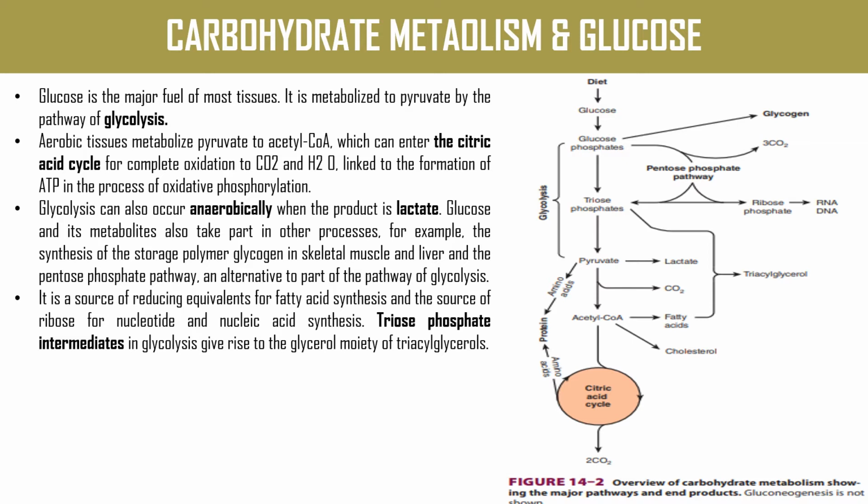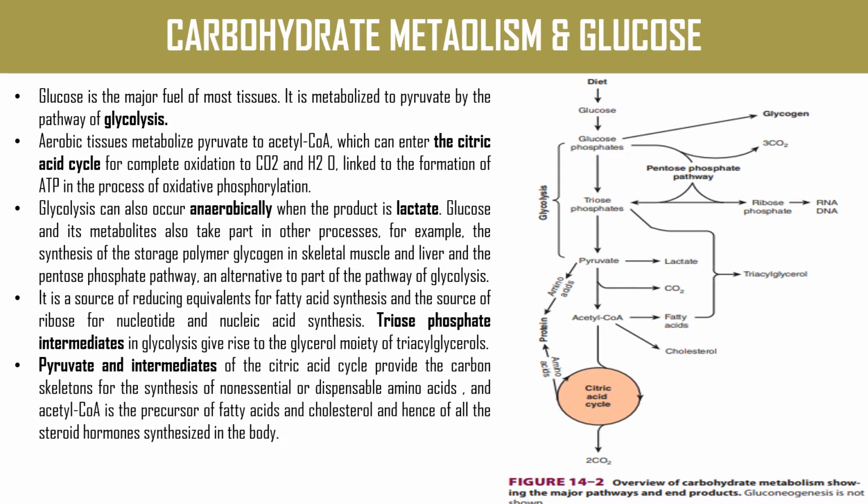Triose phosphate intermediates in glycolysis give rise to the glycerol moiety of triacylglycerol. Pyruvate and intermediates of the citric acid cycle provide the carbon skeletons for the synthesis of non-essential, dispensable amino acids, and acetyl coenzyme A is the precursor of fatty acids and cholesterol, and hence of all the steroid hormones synthesized in the body.